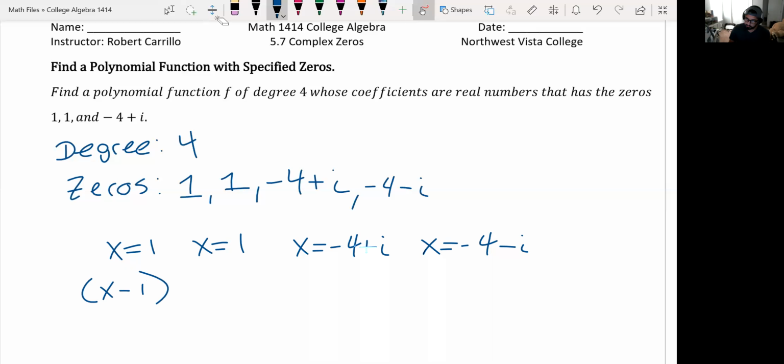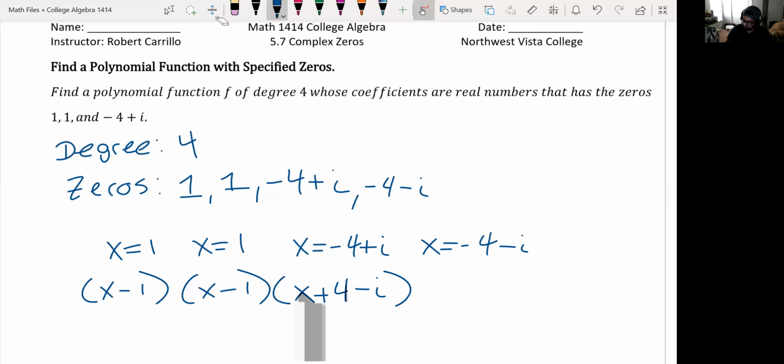And then for x equals 1 again, you'll have x minus 1. And then for this one, you want to move both terms over, which means you're going to get x plus 4 minus i.